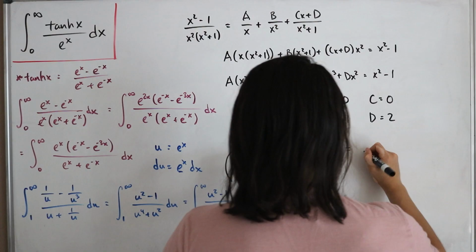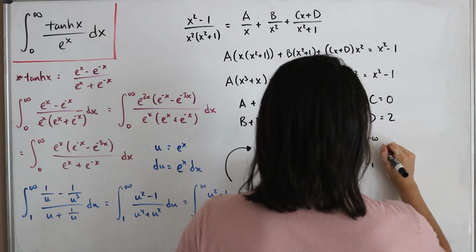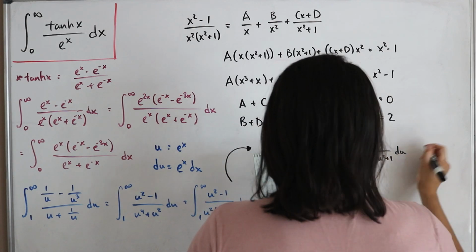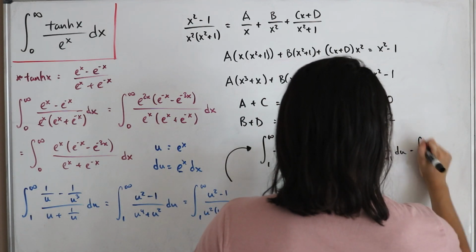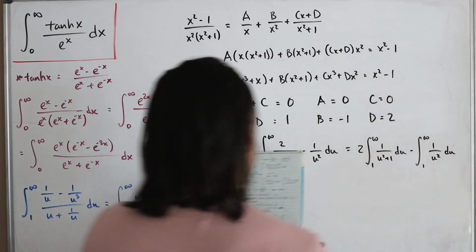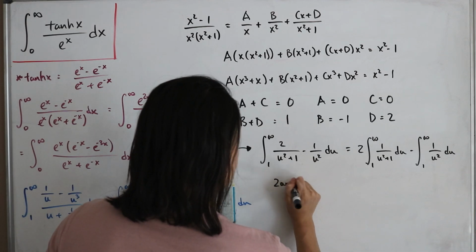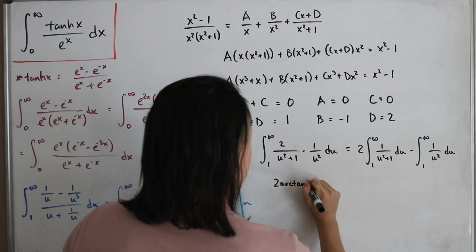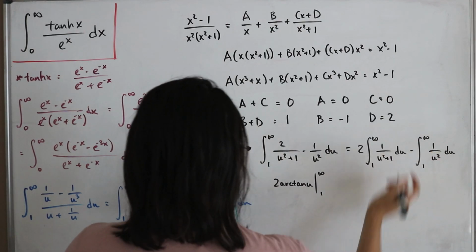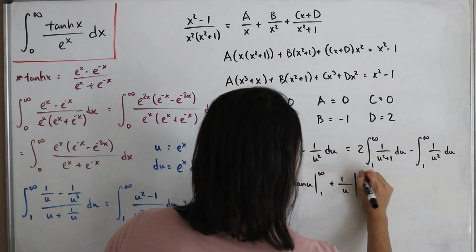Calculating this is easy peasy, so I can just pull the constants out: 2 times the integral from 1 to infinity of 1 divided by u squared plus 1 du, minus the integral of 1 divided by u squared du. Finding the antiderivative is easy: this is 2 times arctan of u from 1 to infinity, and then minus negative 1 divided by u, which becomes a positive, so plus 1 divided by u from 1 to infinity.